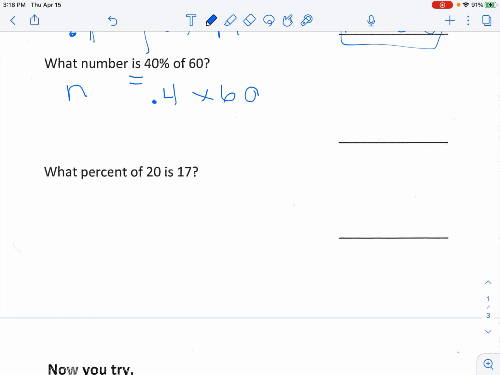So you really can just write the equation going exactly along with the words and or symbols in your question. N equals 0.4 times 60. So now all we have to do is the math on the right side of the equation, since the n is already by itself. So we're going to do 0.4 times 60 on the calculator. N equals 24.